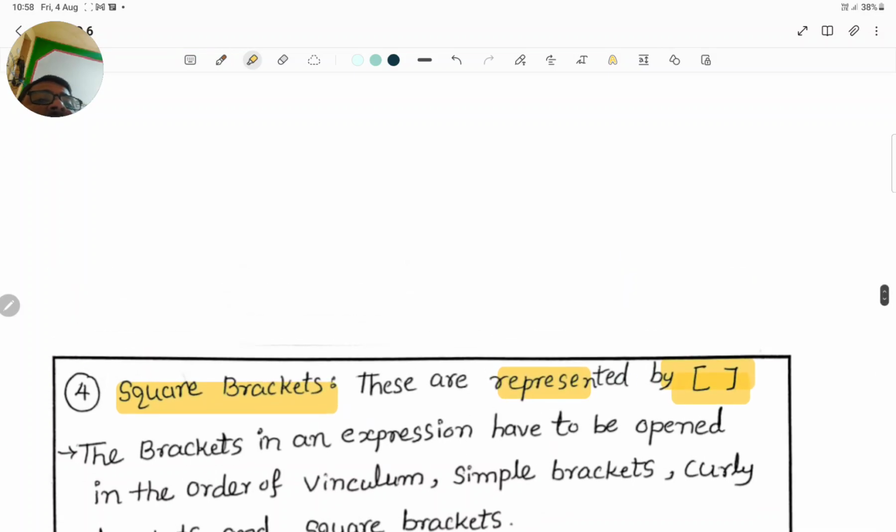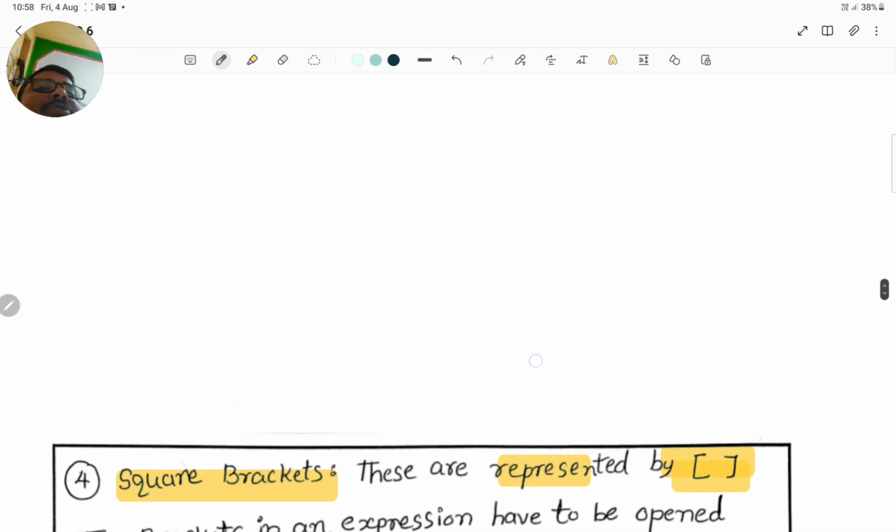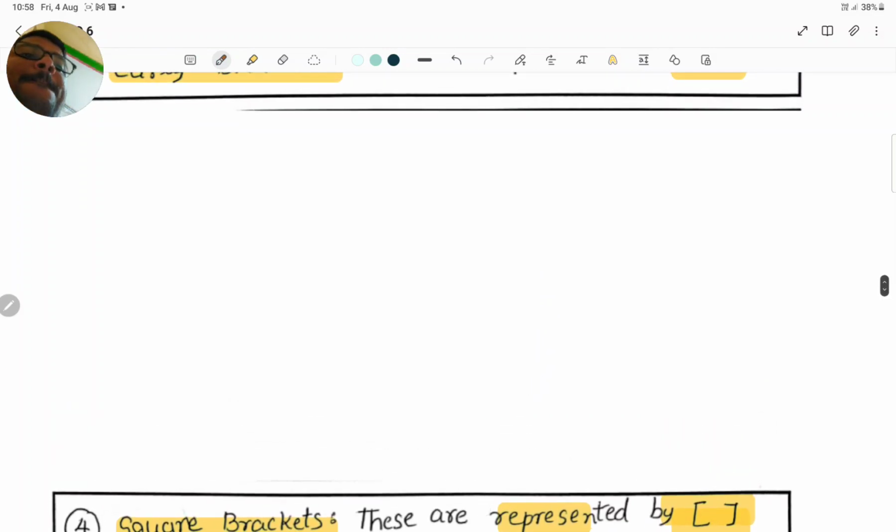First of all we have to follow the BODMAS rule. When we simplify the problems, we have to follow the sequence of operations.